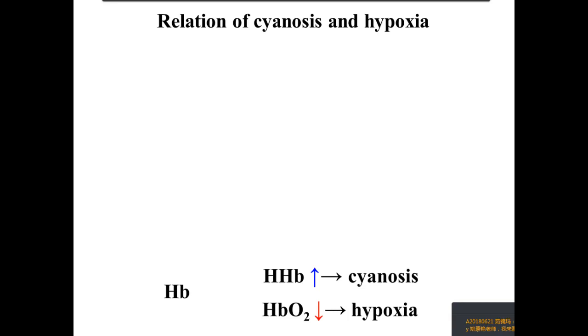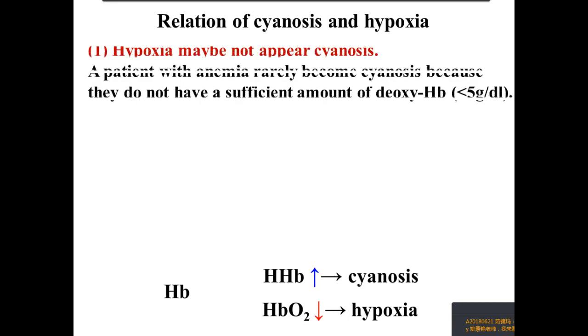So first, you must know that more deoxyhemoglobin causes cyanosis, and decreased oxyhemoglobin causes hypoxia. Now, the patient may have hypoxia but no cyanosis.